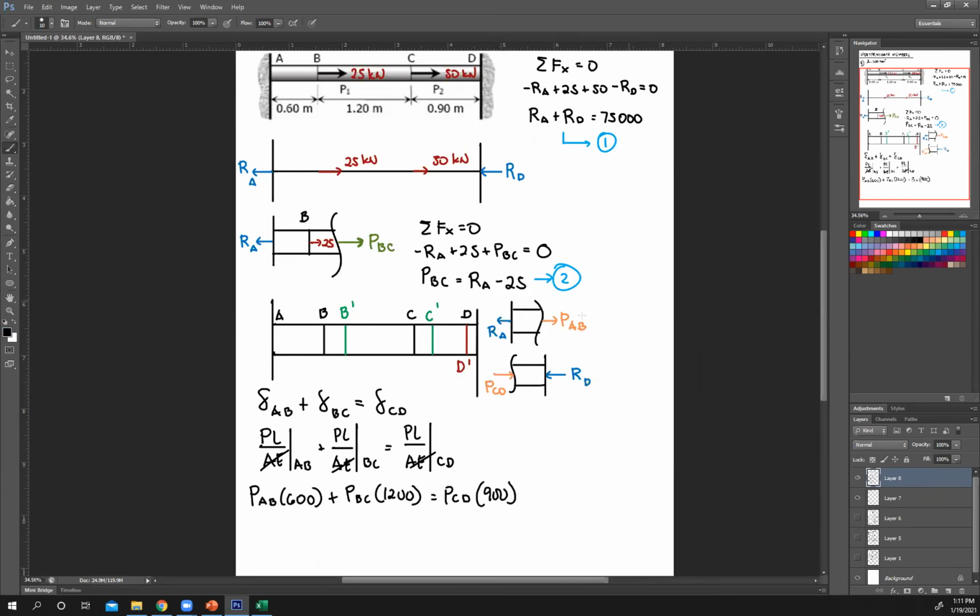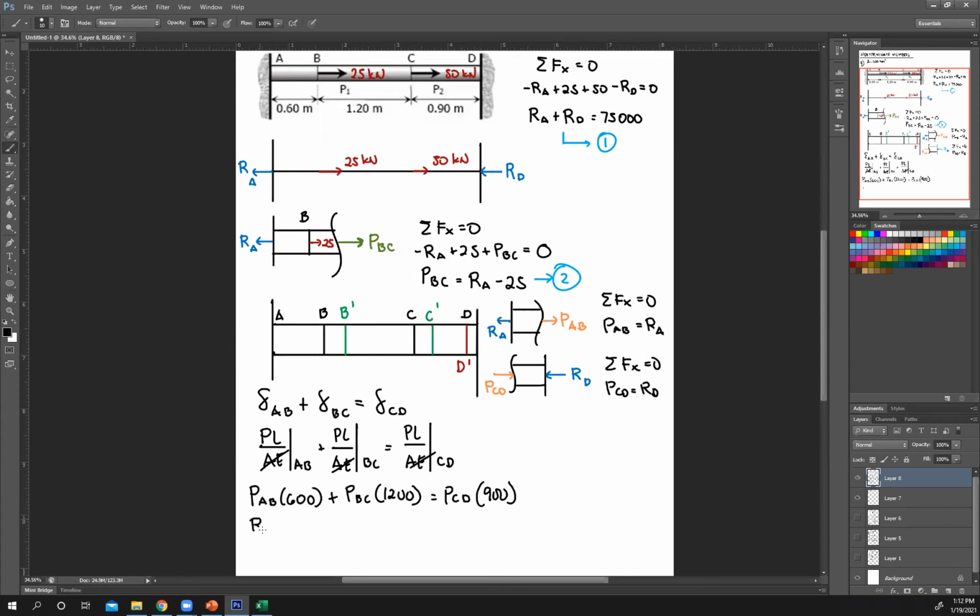And using the equilibrium equation, summation of forces in X, PAB equals RA. Do the same thing here. PCD equals RD. So just substitute these values here.